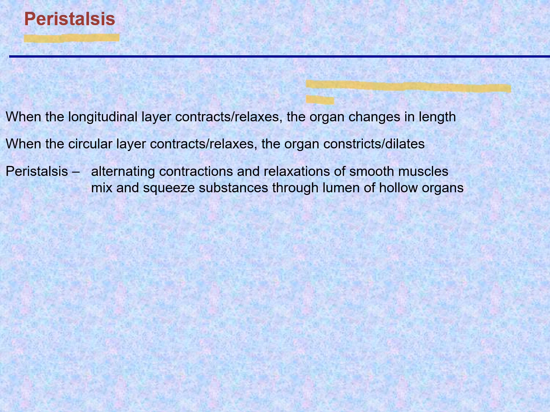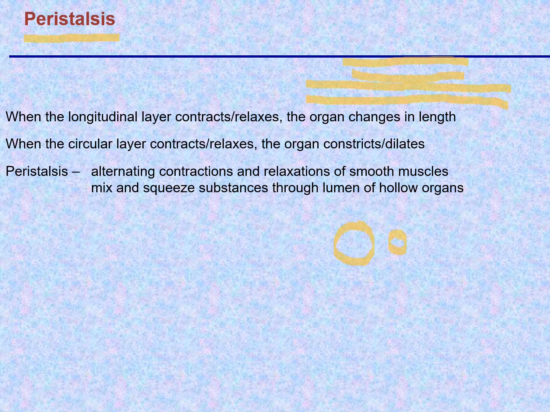So if you have, say, a length of GI tract or gut that's that long, and the longitudinal layer contracts, then it'll get shorter in that area. When the circular layer contracts, you get constriction or dilation in the area where that contraction is occurring. So if you look in cross-section, that's relaxed, and if the smooth muscle layer, that's a circular layer, contracts, then you would get constriction.